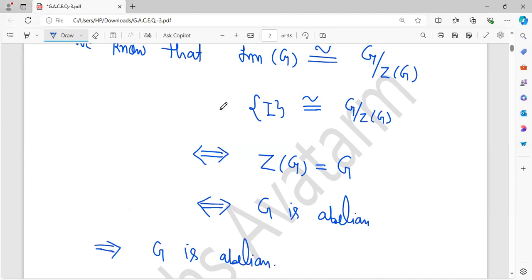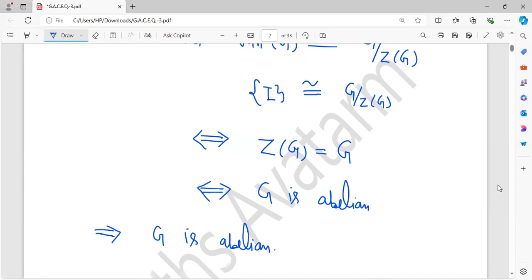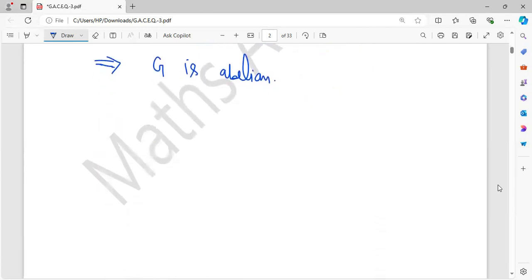So we are taking this group, G is equal to Z, the set of integers. Or we can take this one. So I'm writing that one. We can take this group also: 1, minus 1, i, minus i.